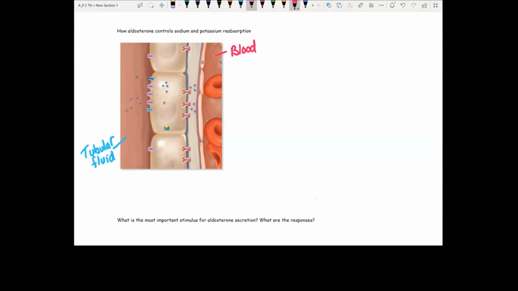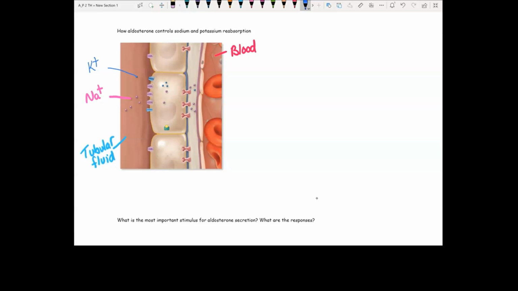The little pink molecules here are sodium, and the blue ones are potassium. So we need to control the movement of sodium and potassium. Right now, sodium and potassium are both in the tubular fluid. You also have some out here between the nephron and the blood. So we want to control these.